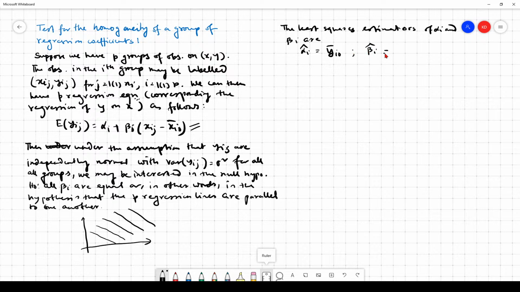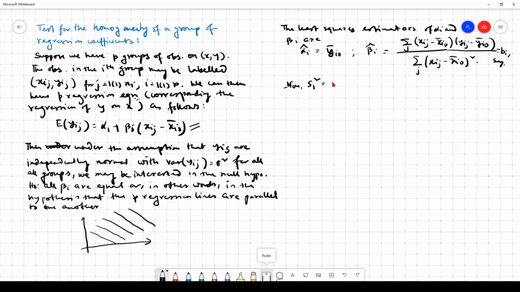And beta i hat is equal to sum over j of (xij minus xi naught bar)(yij minus yi naught bar) divided by sum over j of (xij minus xi naught bar) whole square. And I denote this by small bi.